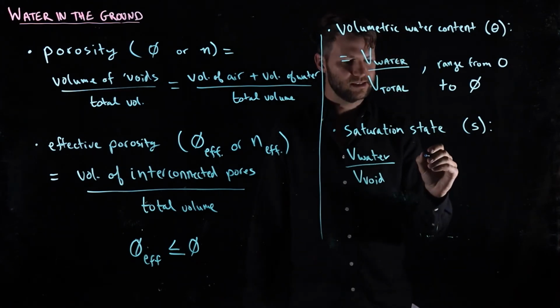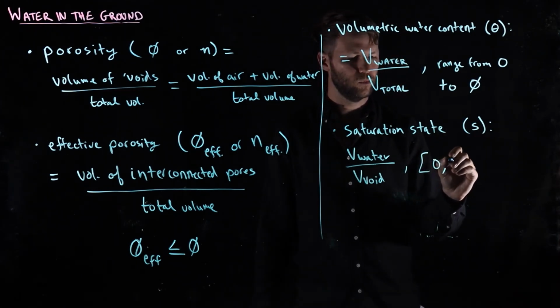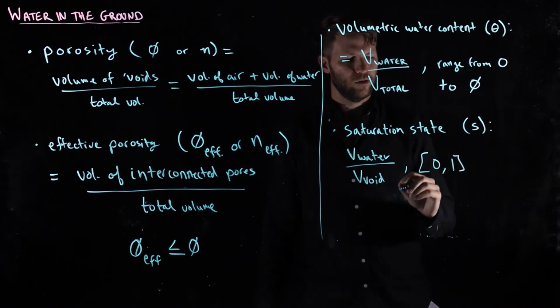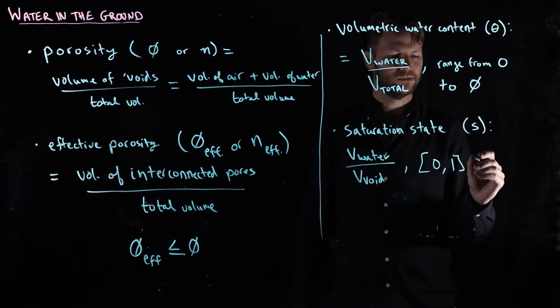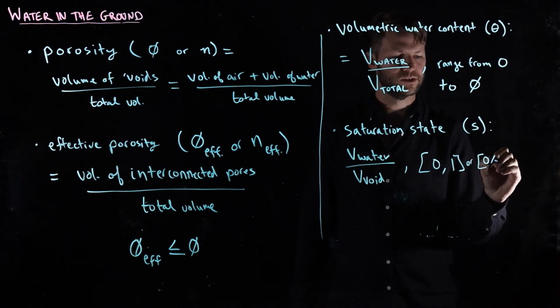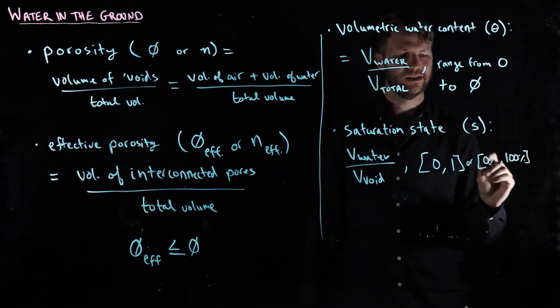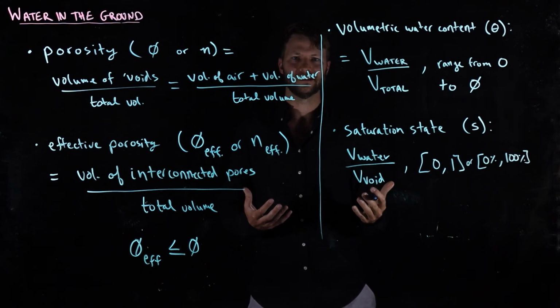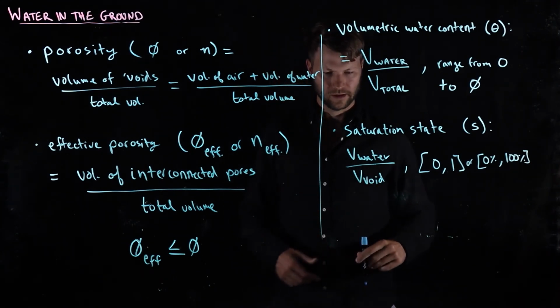And so S is going to range between 0 and 1, or you may see it expressed as a percentage, so multiply it by 100, and you'll see it go from 0% to 100%. 100% implying that all of the pore spaces, all of the void spaces, are filled with water.